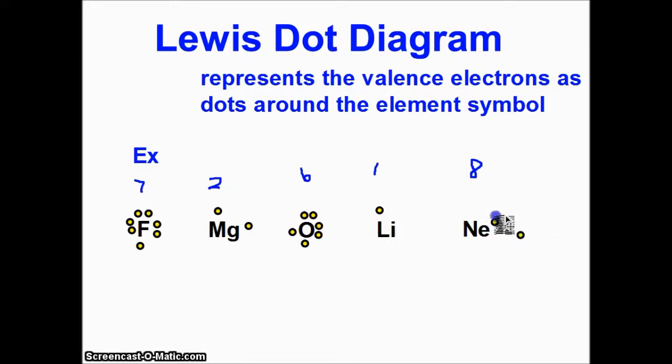That's 1, 2, 3, 4, 5, 6, 7, and 8. And you can see that's completely full. We have 2 on each side, so there can't be any more than 8 valence electrons.